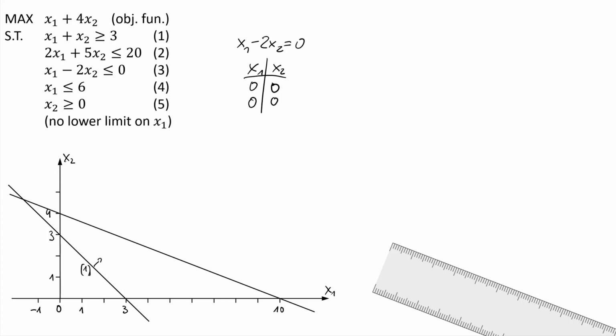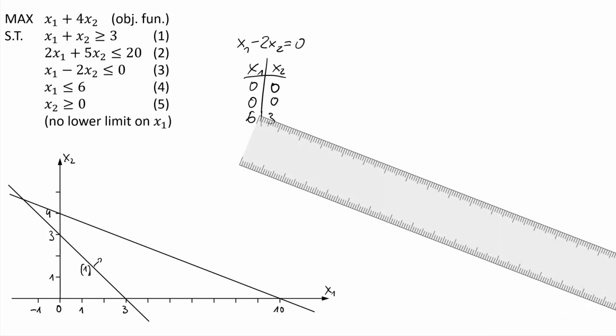We want 2 different points, not the same point twice. So what I will try is I will put another value, let's say for x2, just because x2 multiplied by 2 will give me some nice integer number for x1. So let's say if I try 3 for x2, then it's x1 minus 2 times 3 equals 0. So x1 is 6. And now that's a different point, right? I have 2 points.